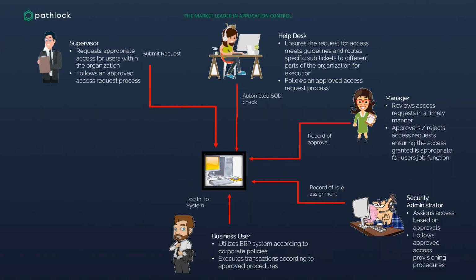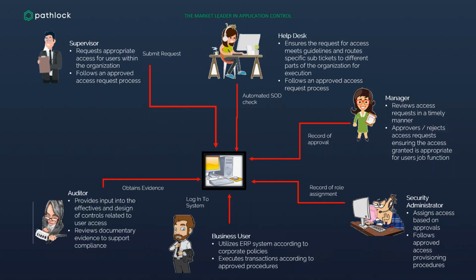And then the business users themselves can log in and test and work through the data that they have been requested to utilize. And then from a back end, the auditors can come back and look at the data that's been provided, and audit the fact that on this day, Bob was requested to join this particular role, the process was approved, the SOD check was passed.